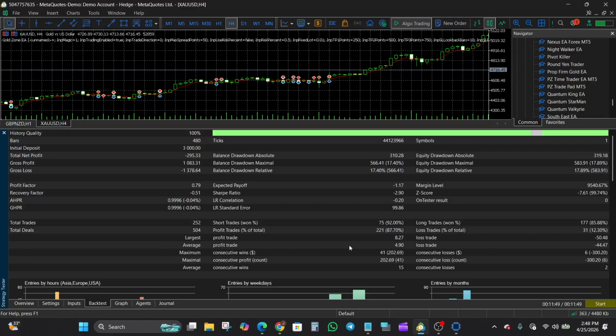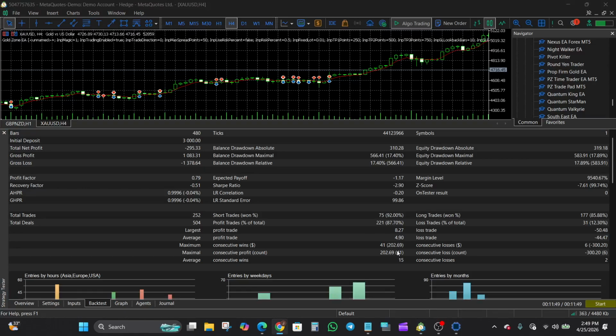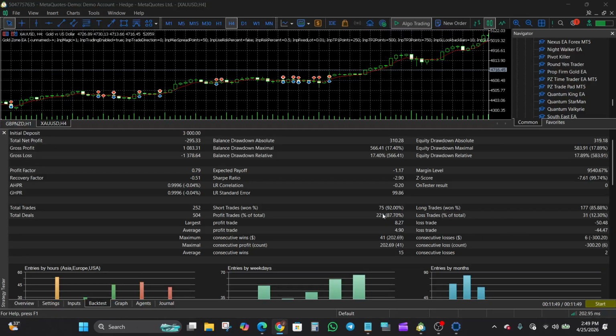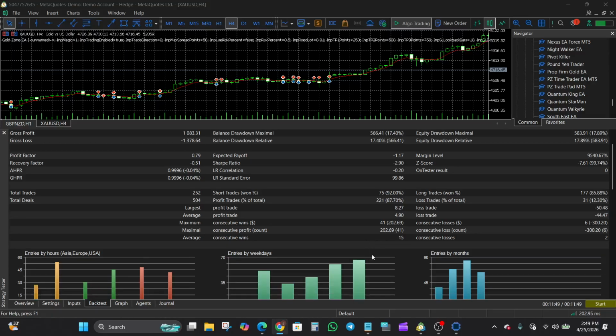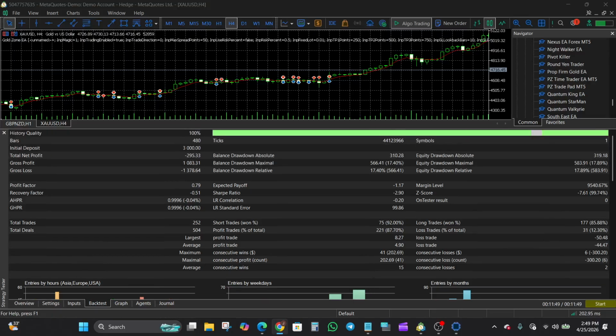The average profitable trade was just $4.9, while the average losing trade was $44.47. Okay, so I think the main problem with this EA is the poor risk to reward ratio. In my opinion, that is one of the big issues because the win rate is quite high, but the risk to reward ratio is not good enough.